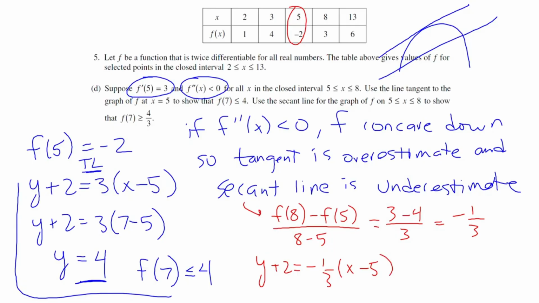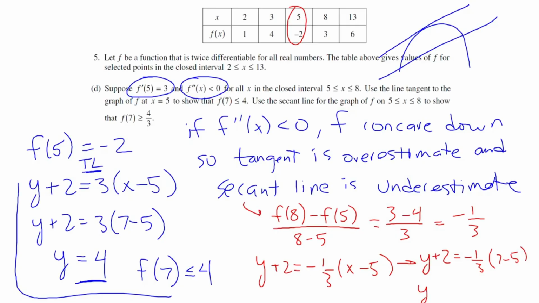And now when I plug in 7, we get y plus 2 is equal to negative 1/3 of 7 minus 5, or negative 2/3.